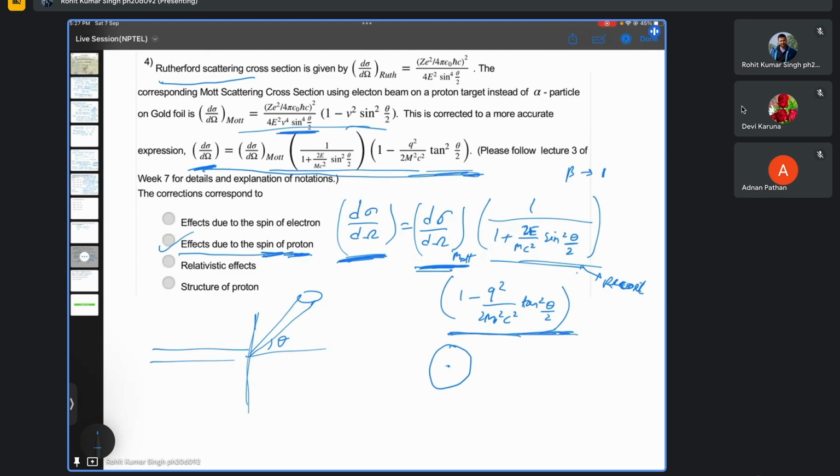So I cannot put some problem together which will explore these. For example, one can give some problem where you have to calculate the differential cross section for a real scattering problem of electron and proton.